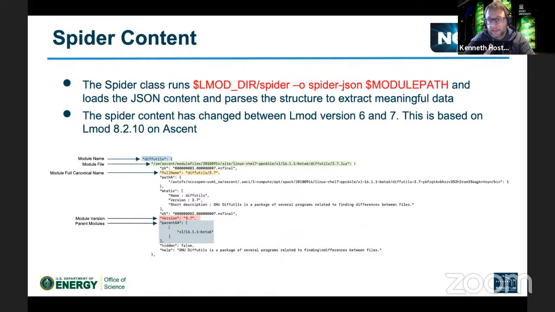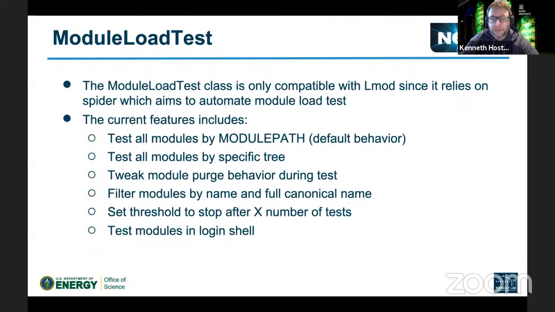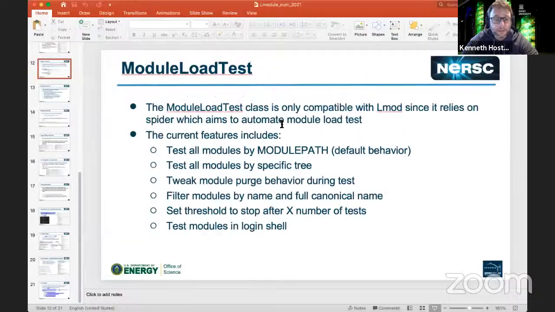So having a check that verifies whether the cache and the module files are out of sync could also be very interesting, I think. It could be an easy check that people could run in their monitoring. And if Lmod says the cache and the files are out of sync, then it could raise a red flag in the monitoring. So that could be a good use case for Lmodule as well.